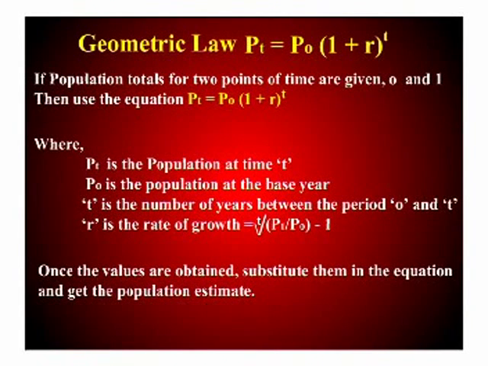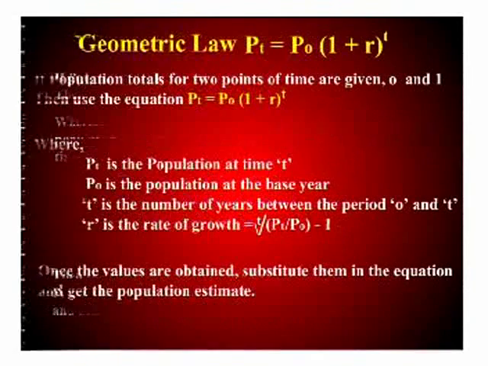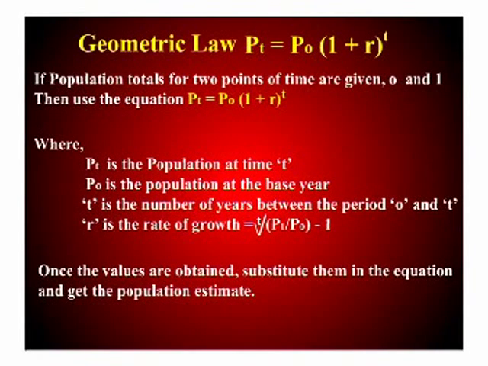The second important growth curve is the geometric law of population, which is given by Pt equal to P0 into 1 plus R power t, and the second degree curve also can be used in the place of geometric law, which is given by the equation Pt equal to A plus Bt plus Ct square, where Pt is the population at time t, that is the population to be estimated.